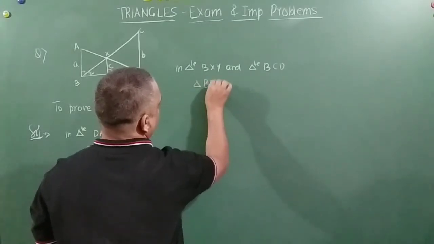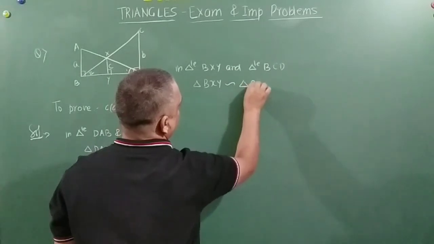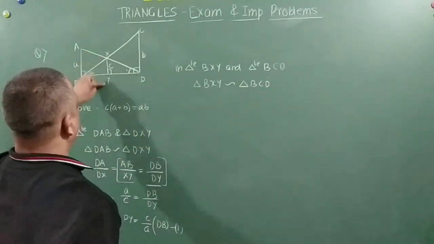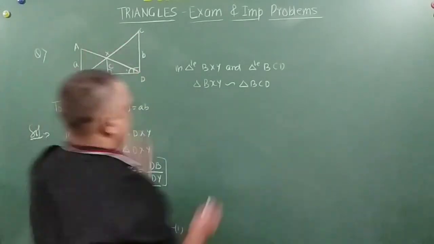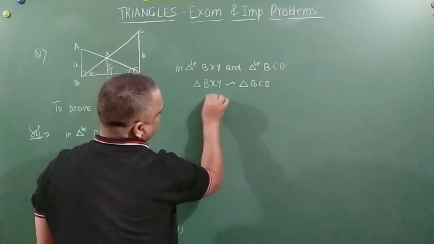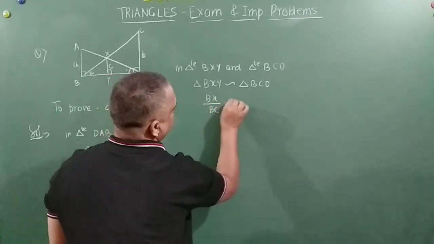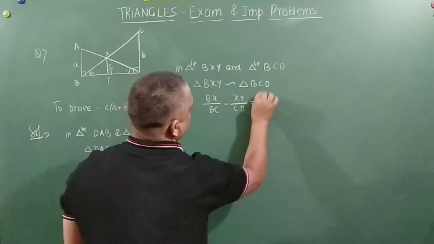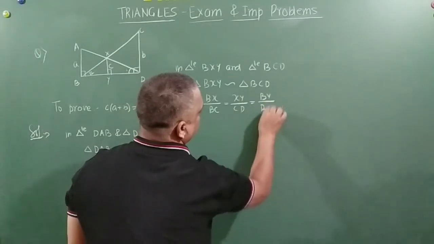So triangle BXY is similar to triangle BCD. We'll just again cross check. BXY similar to BCD, right? Okay. So BX divided by BC is equal to XY divided by CD is equal to BY divided by BD.